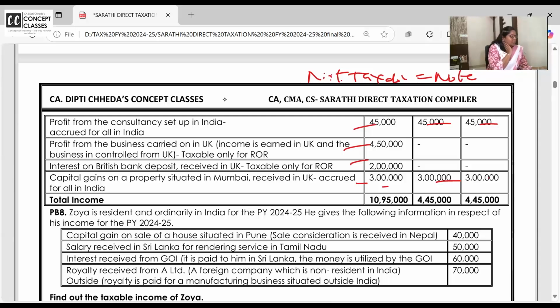Ma'am, done, you tell me, I'll move. डिस्कस मत करो, खुद से करो बिना बोले.